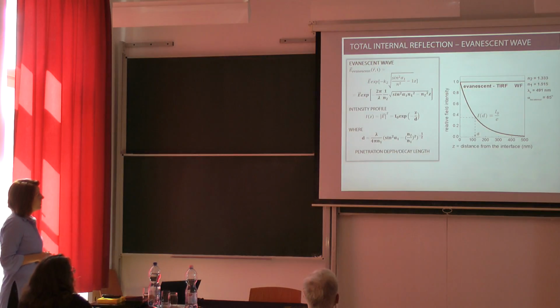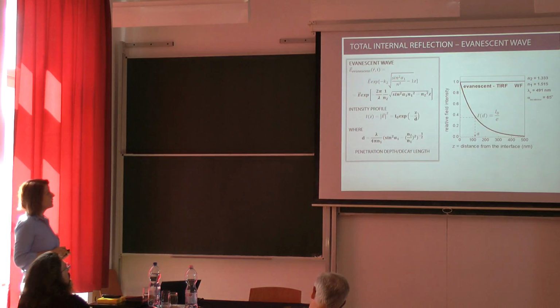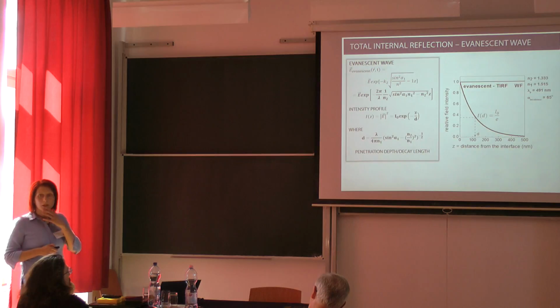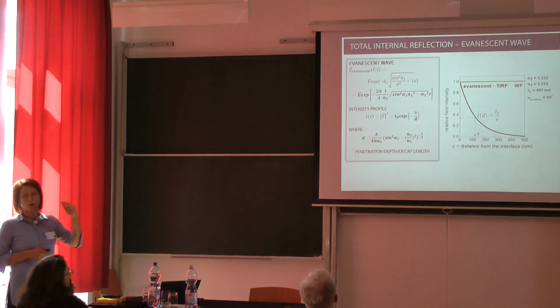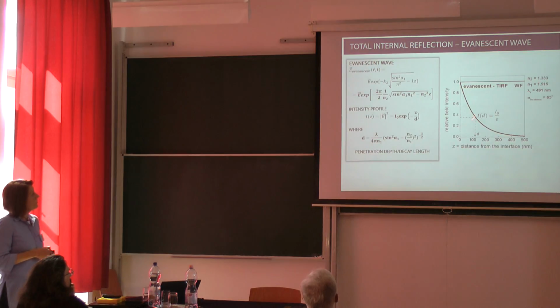And actually, if you consider this exponential decay from the surface, you can easily understand how it can be used in a fluorescence microscope. If you imagine that this line here, the zero distance, corresponds to the boundary of your sample and the glass, you will have this evanescent field only near this boundary.